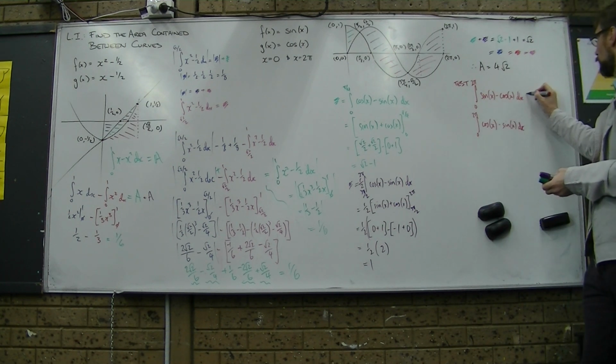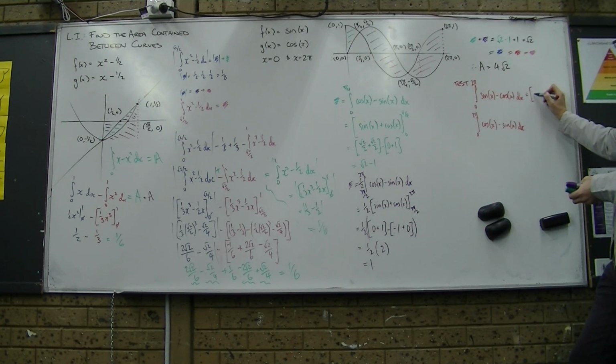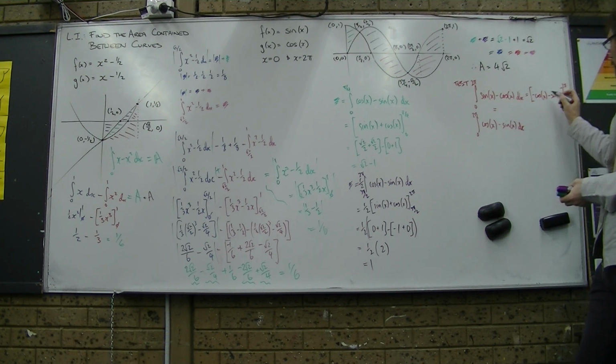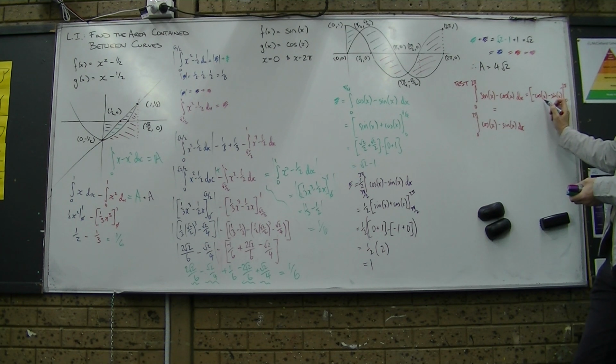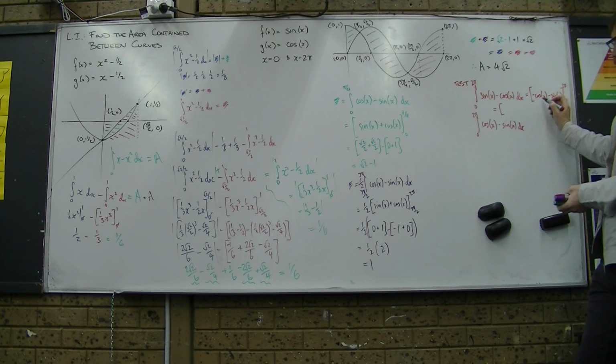Okay, integral of this thing would be what? Negative cos minus sine, 2 pi to 0. Okay, cos of 2 pi, one, right? It's negative though, so negative 1.